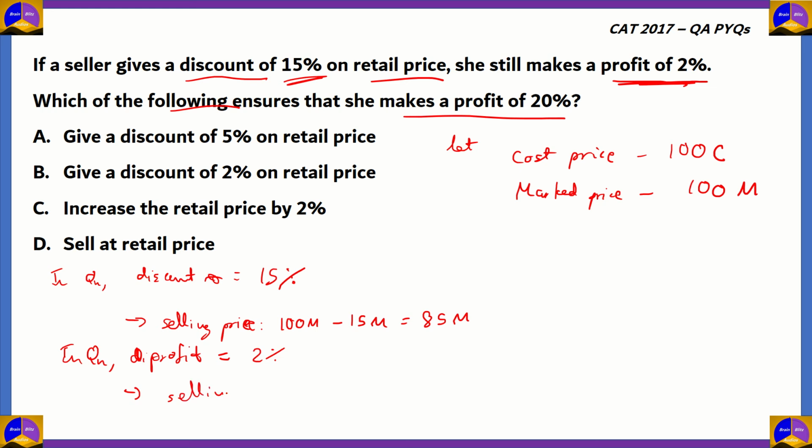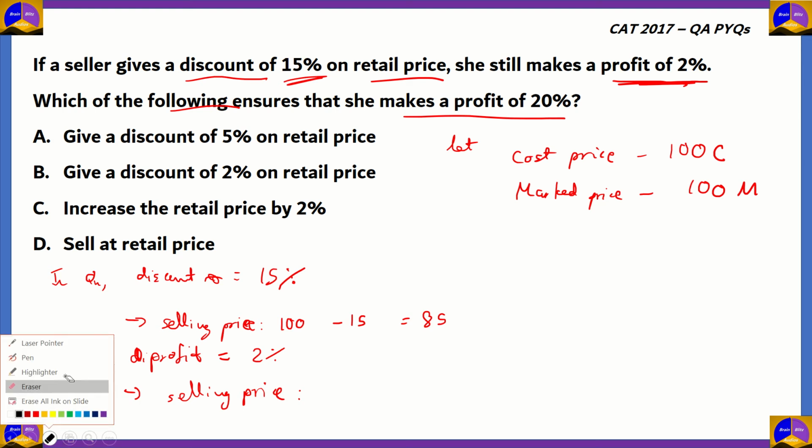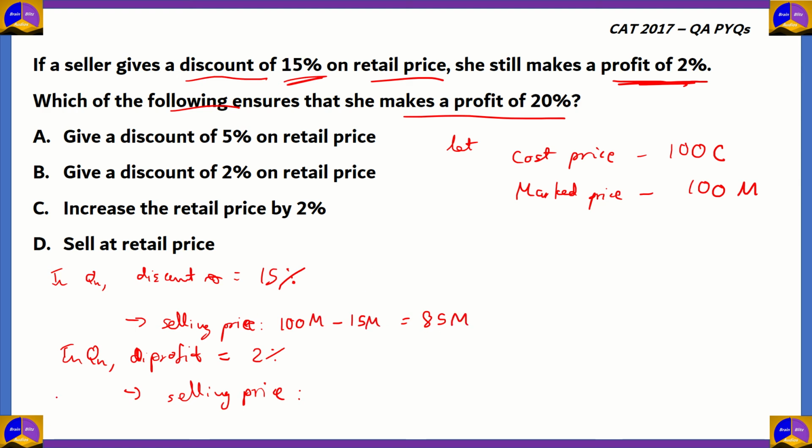It means the selling price can also be represented as... we made a bit of a mistake here, in case you noticed. Actually, no, we kind of got mixed up. When we're talking about a discount on the retail price, we are giving a discount on the price that is marked. So it'll be 100M minus 15M, which is equal to 85M.